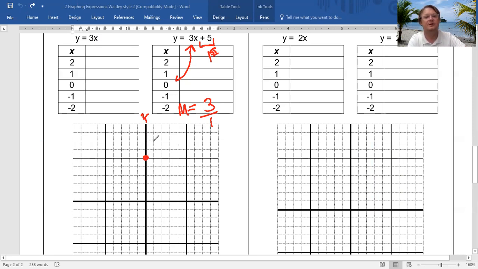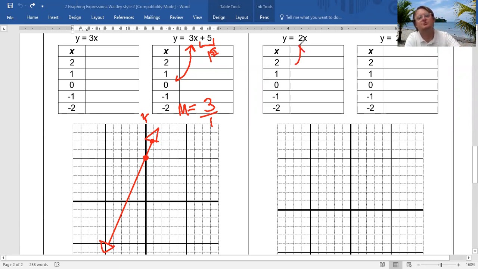And we'll go up 3 over 1. They're both positive. We have 2 points. That way we can draw the line. You can draw in your arrowheads, because that shows us that the line just continues and continues forever. All right? That's how it's done.